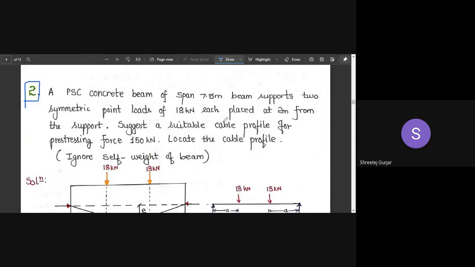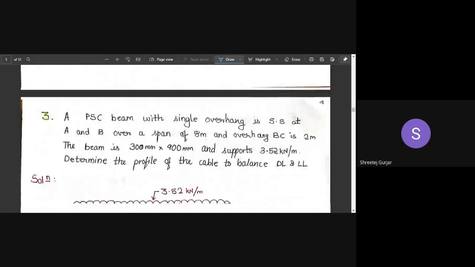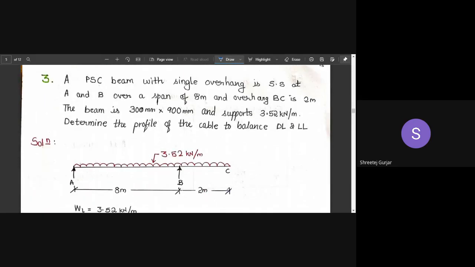Okay. So can you move on to your next numerical? Third. Just let me know if your second is clear. Or else, if you need a break of 5 minutes, you can let me know. I think 7 of you are here.